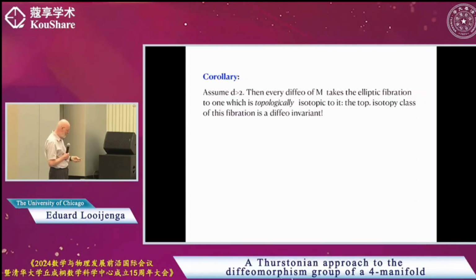So that is intrinsic to the manifold structure, which is perhaps a little bit unexpected.